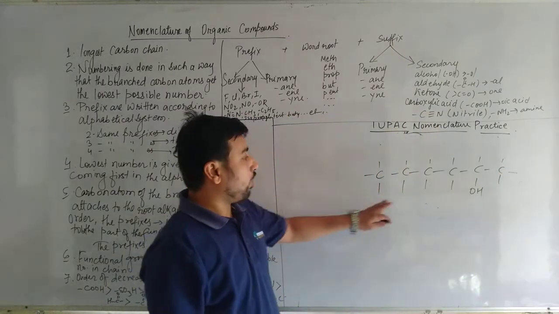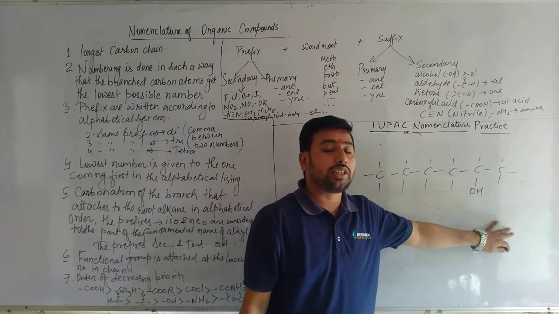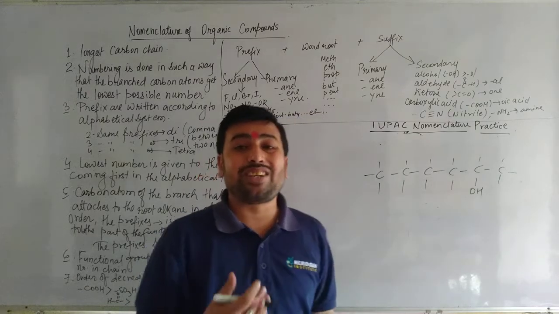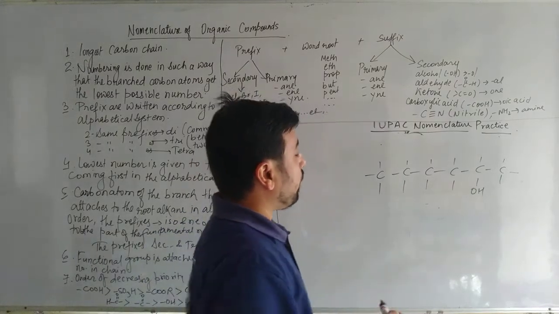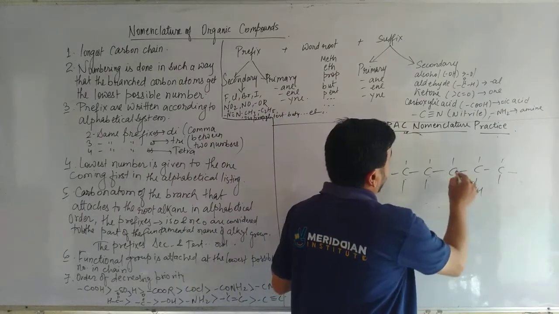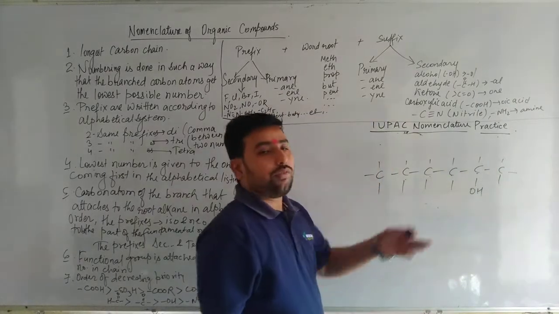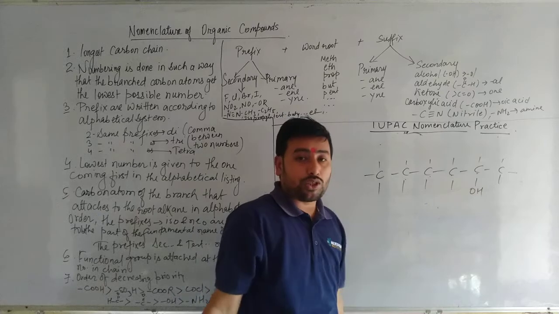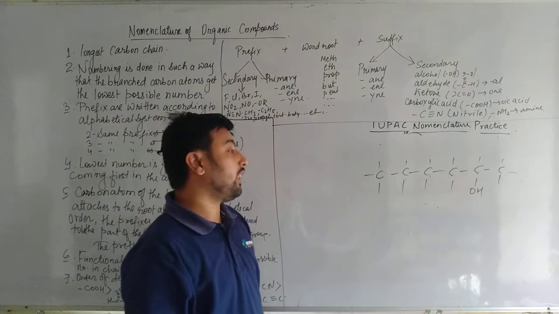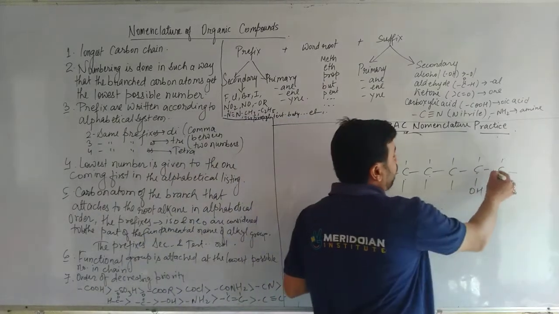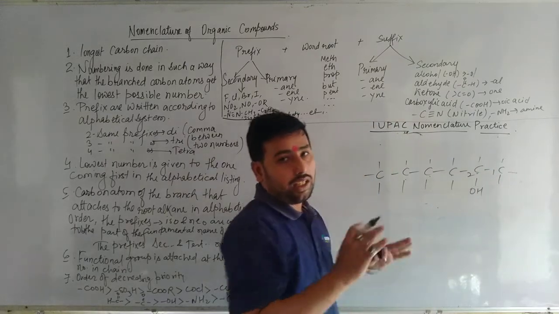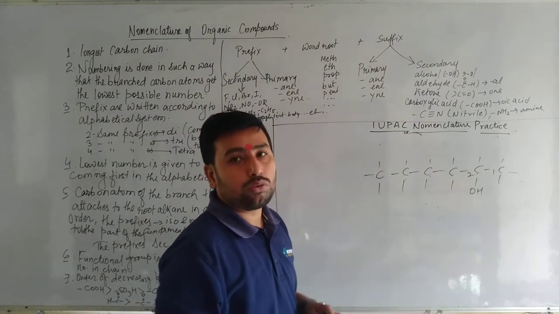Right. Alcohol functional group is attached with it. Now I will ask you from which side we should do counting. So here 1, 2, 3, 4, 5, 6 longest carbon chain. From that side also if we come longest carbon chain. But functional group is given. So wherever the functional group will be near, from that side we will count.